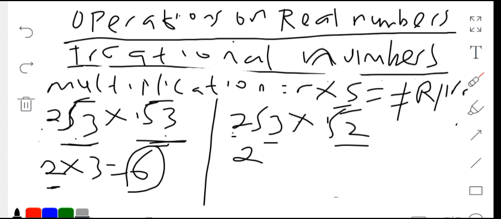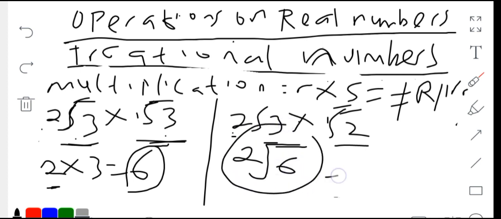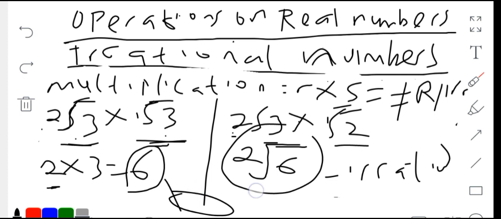You multiply them together, but you cannot remove the square root, because it's not the same radical inside. 3 is here, 2 is here, so it's not the same. So that will just be square root of 3 times 2, which gives us 6. So we get 2 square root 6. This is irrational. So the product might be rational or irrational.